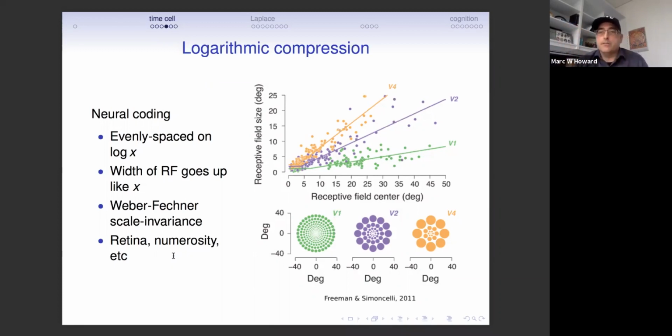And this has been understood for a very long time. And you see a cartoon down below. It's also been known for quite some time, dating back to the 80s, it seems that we resolved this pretty well, that the compression of the visual system, at least outside of the fovea, seems to be as if the receptive fields are evenly spaced on a logarithmic axis.